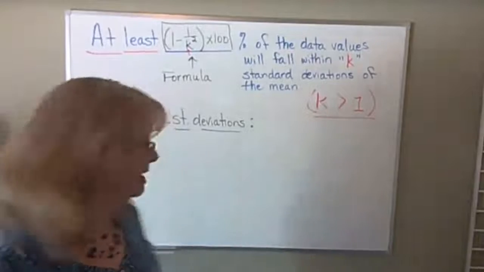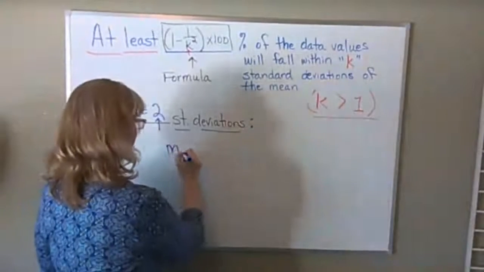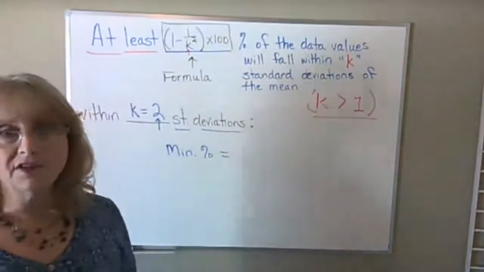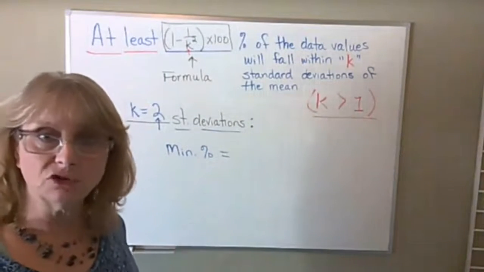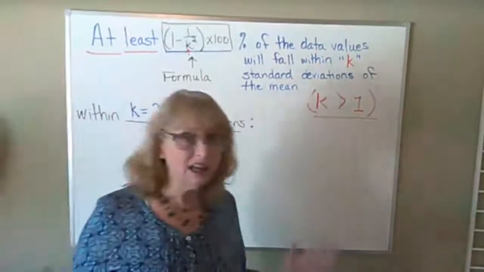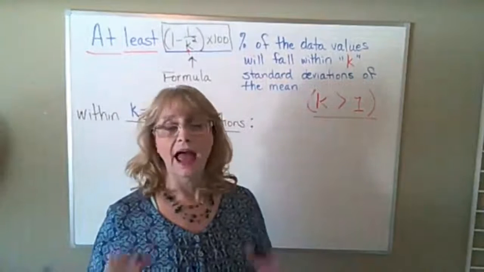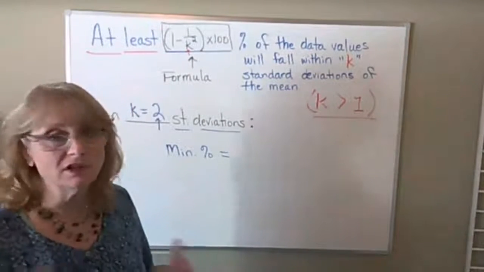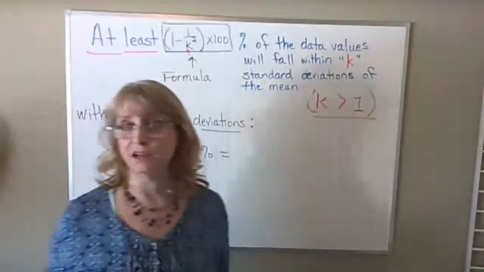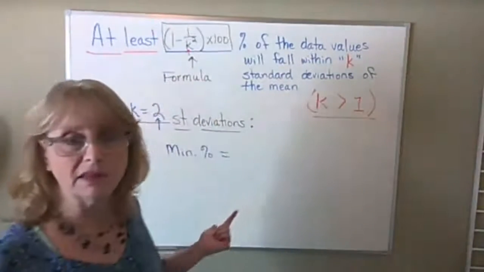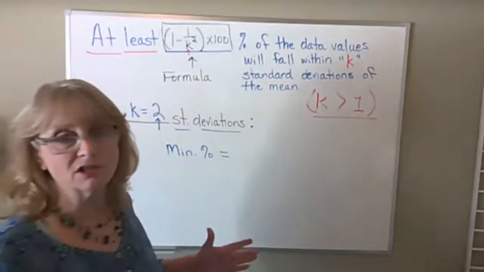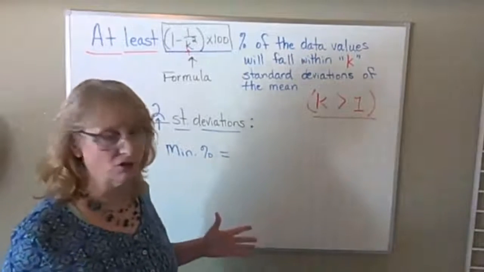And so let's find that minimum percent of the data values that would be within 2 standard deviations. And notice I don't have to know anything except how many standard deviations I want to be within from the mean. So I don't have to know the mean. I don't have to know the standard deviation. This is just going to give me the minimum percent that's within the number of standard deviations of the mean, whatever those things happen to be.